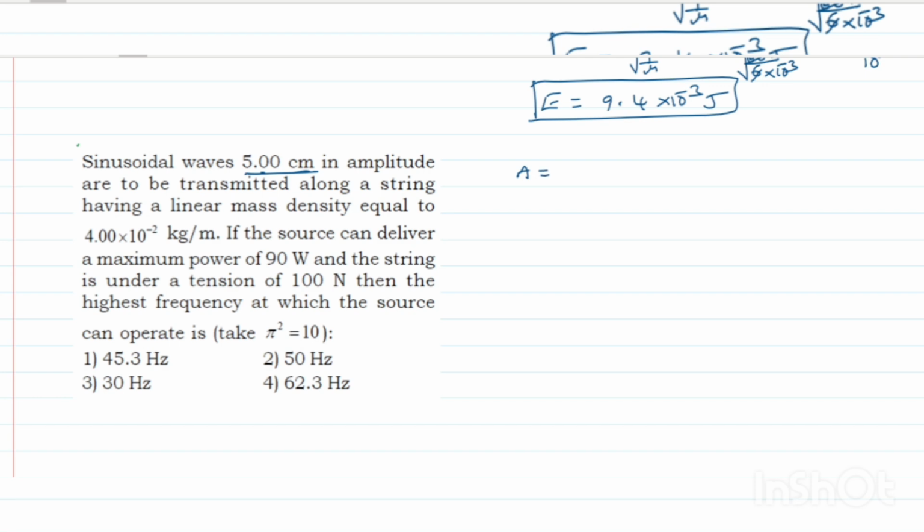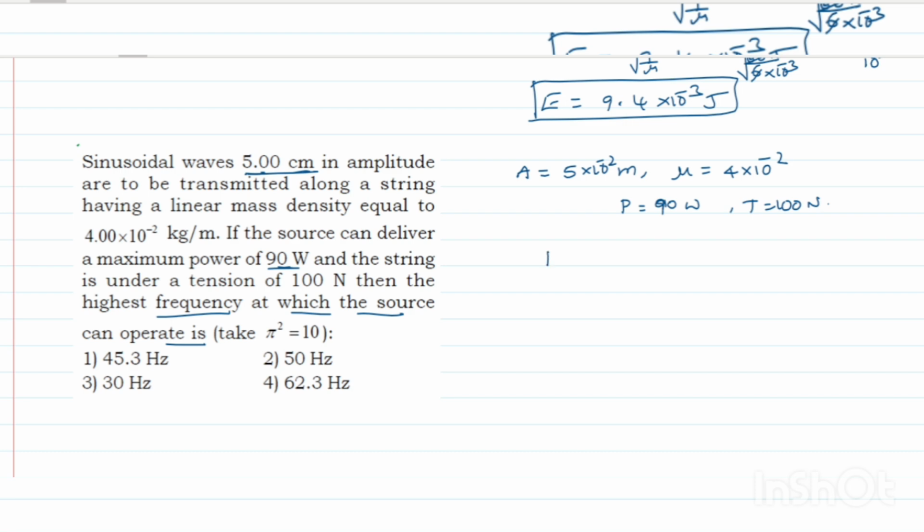Amplitude you can take as 5 into 10 power minus 2 meter, and the linear mass density is given as mu, which is nothing but 4 into 10 power minus 2. If the source can deliver a maximum power of 90 watts, the power is given as 90 watts, and the string is under a tension of 100 newtons. Then the highest frequency at which the source can operate is?